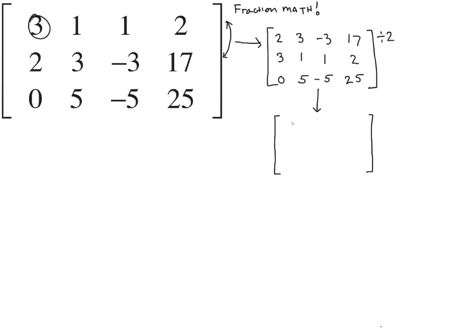So let's see. Well, first we carry all the numbers that we didn't do anything to. So 3, 1, 1, 2, 0, 5, -5, 25. Okay, and this is 1 by design.